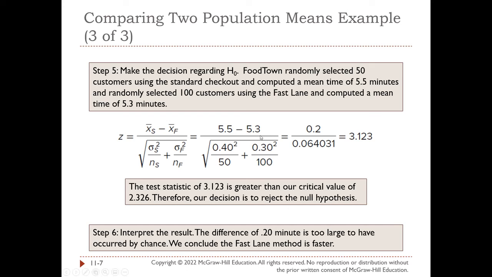So 5.5 minus 5.3 on top. That's our mean times. And then using the same approach, we're going to take standard deviation squared. So 0.40.